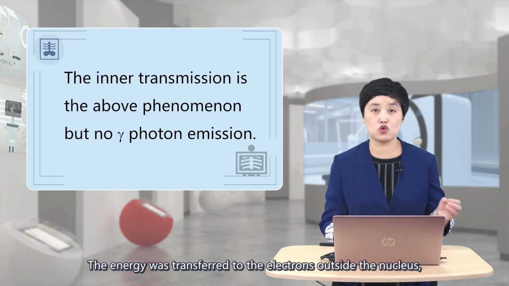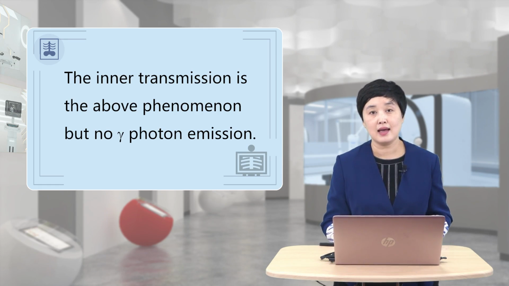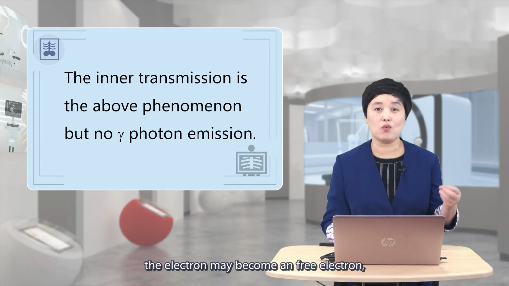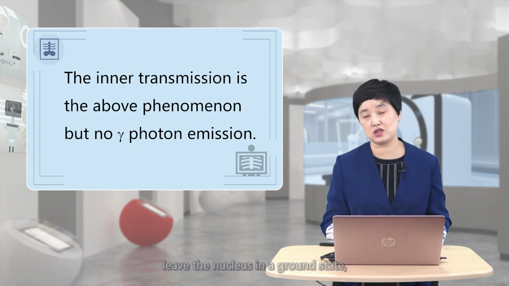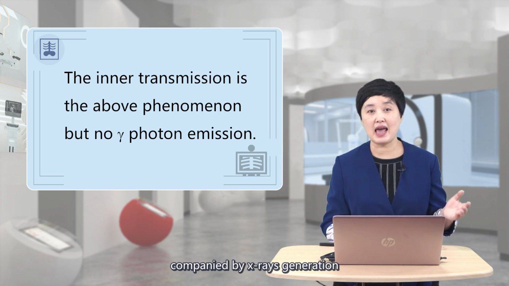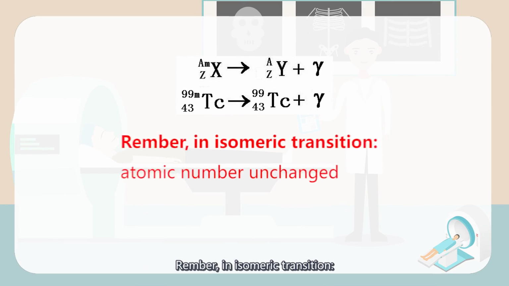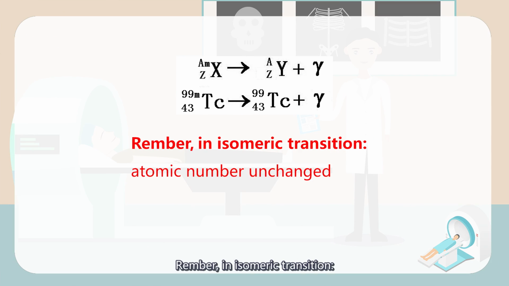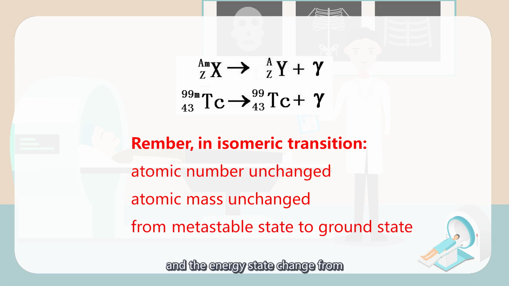The energy is transferred to an electron outside the nucleus. The electron may become a free electron, leaving the nucleus in the ground state, accompanied by X-ray generation. So remember that in isomeric transition, atomic number is unchanged and atomic mass is unchanged, and the energy state changes from the metastable state to the ground state.